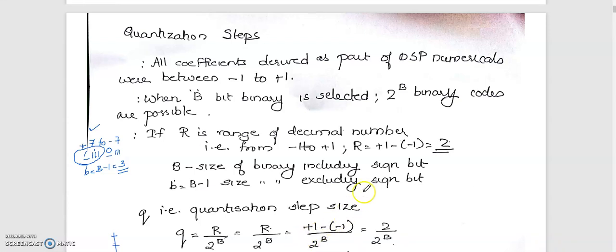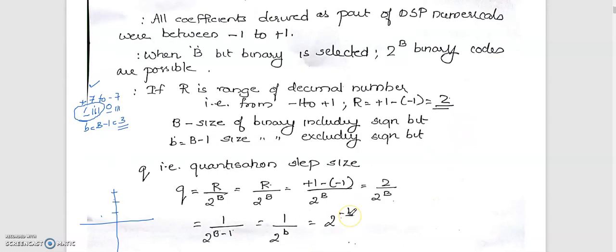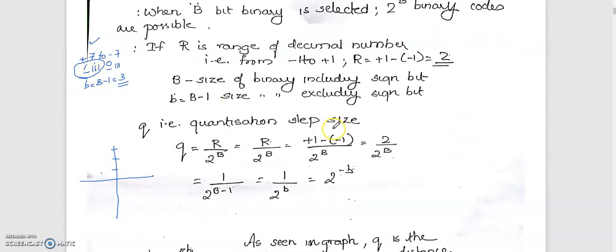So using these points, we can deduce a formula for the quantization step size. The quantization step size will be given by R divided by 2^B. Remember, this B is the size of the binary including the sign bit. So Q, the quantization step size, will be equal to R by 2^B, which is 2 by 2^B, which equals 1 by 2^(B-1), which equals 1 by 2^b, equal to 2^-b.